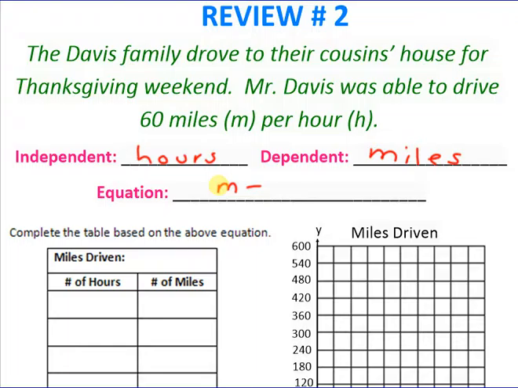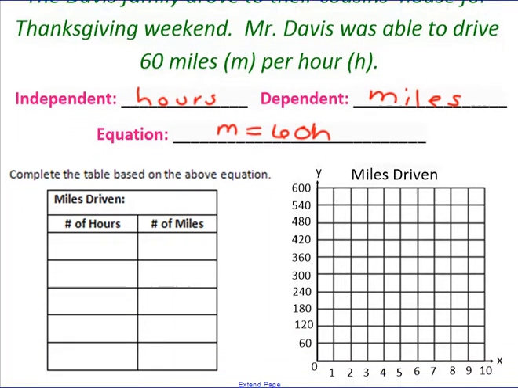So this is going to read M equals in some fashion, and in this case it's going to be M equals 60H. An easy way to think about this is if you drove for 1 hour, how many miles are you going to drive? 1 times 60 is 60. If you drove for 2 hours, 2 times 60 is 120 miles, and so on.